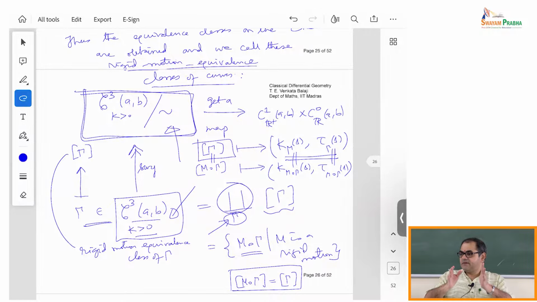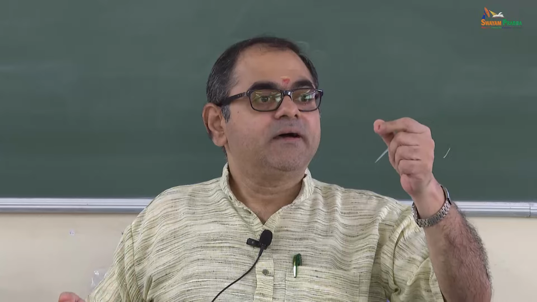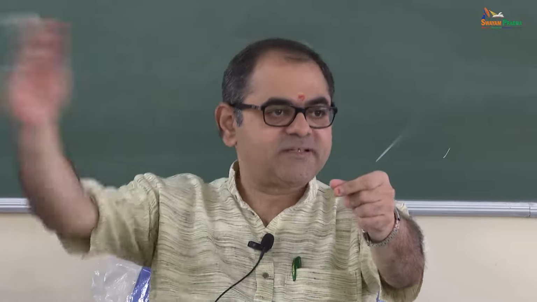The point consisting of the equivalence class of gamma and the other point which consists of the equivalence class of M circle gamma are one and the same point when considered as equivalence classes. Therefore, if you took any curve equivalent to gamma, rigid motion equivalent to gamma, and took its curvature and torsion, the right side will not change.